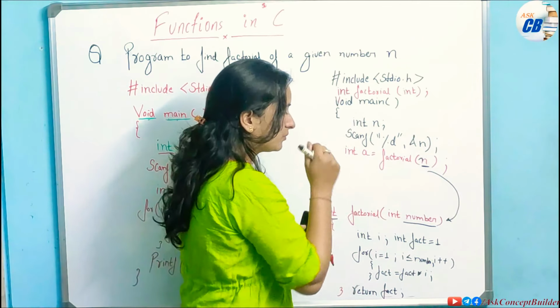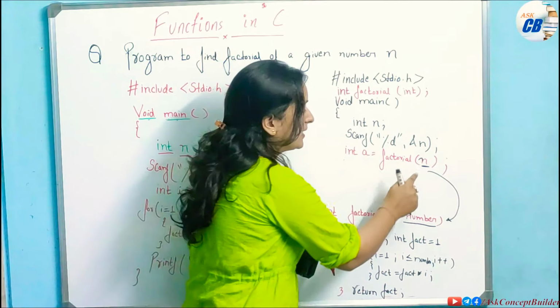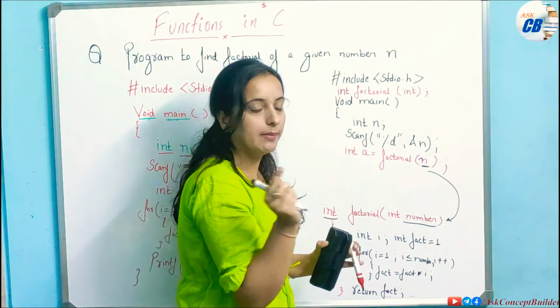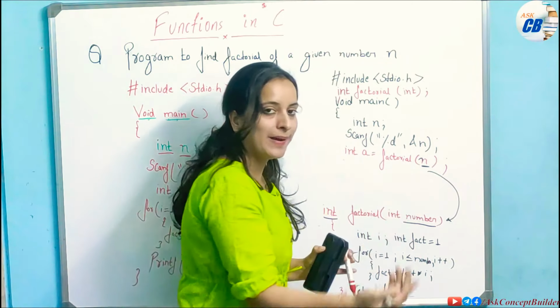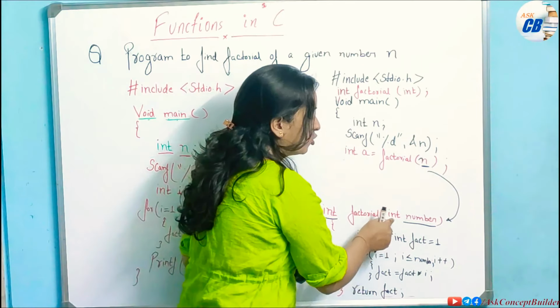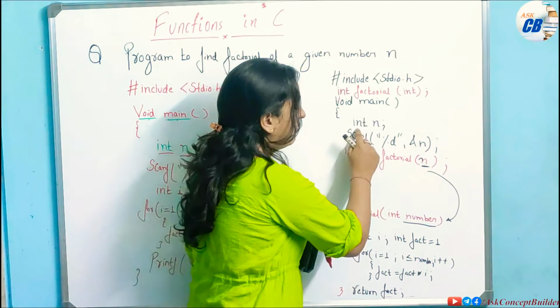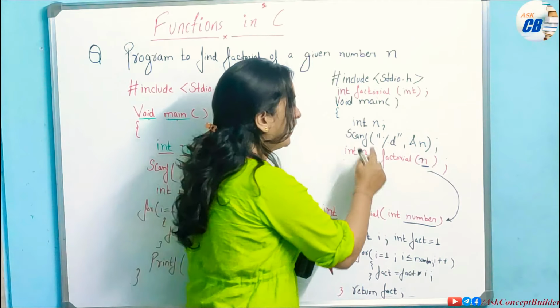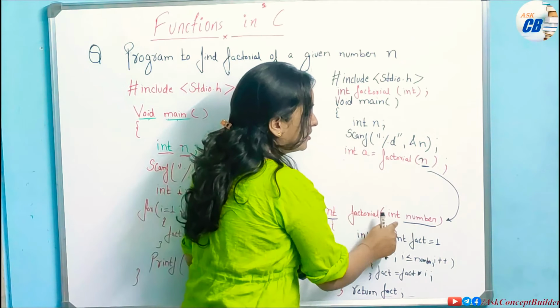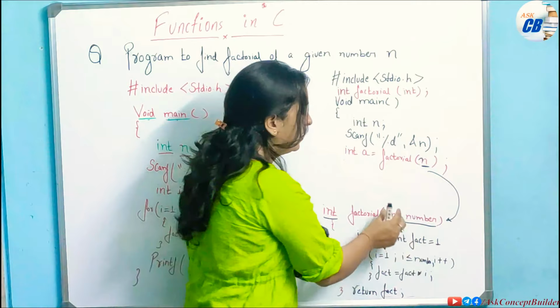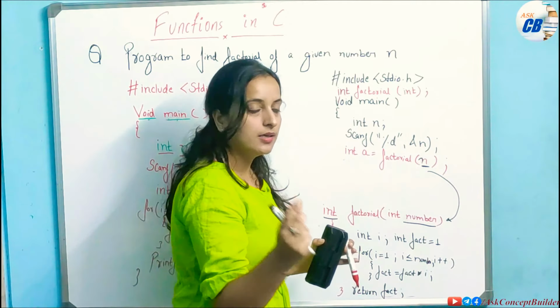Now one more important thing here is that this n is an integer type variable, so the receiving parameter should also be integer type. If I were passing a double value, like if this were double n, then this should be double number; the parameter should also be of double type.